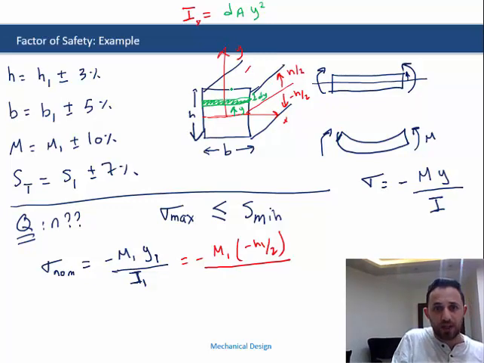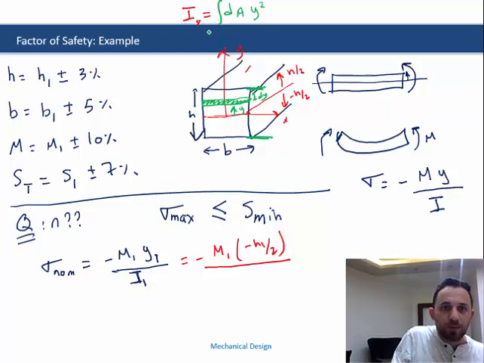And in order to compute it over the whole cross section, we need to integrate from minus h over 2 to h over 2. So this is equal to the integral from minus h over 2 to h over 2 of y squared dA. The area of this small strip is equal to dy multiplied by the base, so its thickness is dy and its width is b. So b dy times y squared.